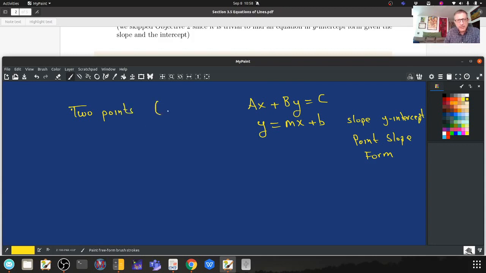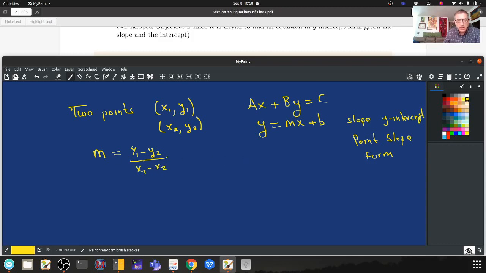So I have x sub 1, y sub 1, that's my first point, and x sub 2, y sub 2. So I know that the slope m is equal to y1 minus y2 over x1 minus x2.